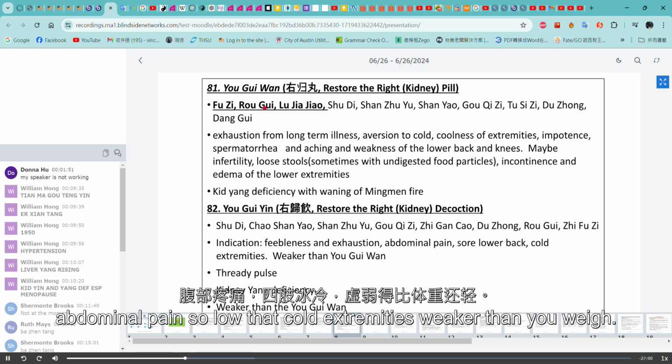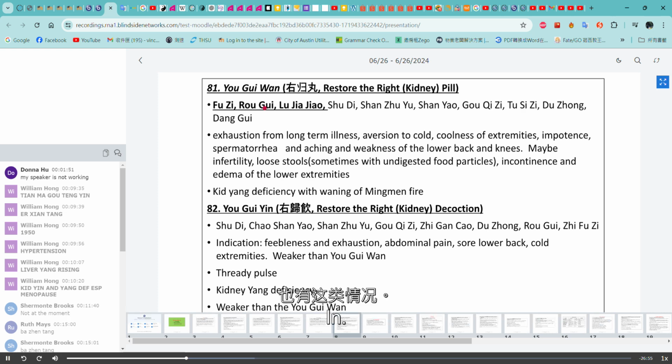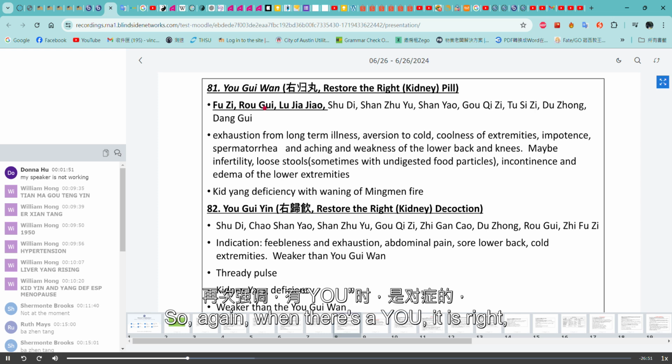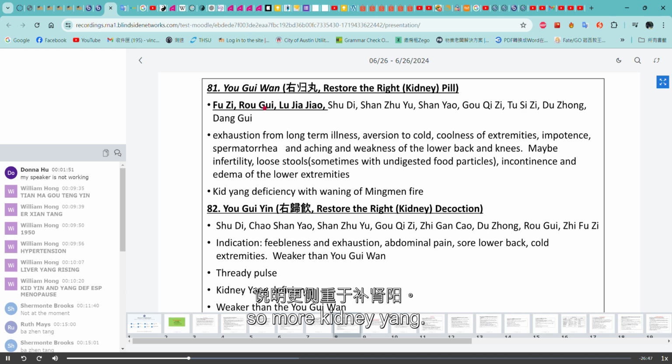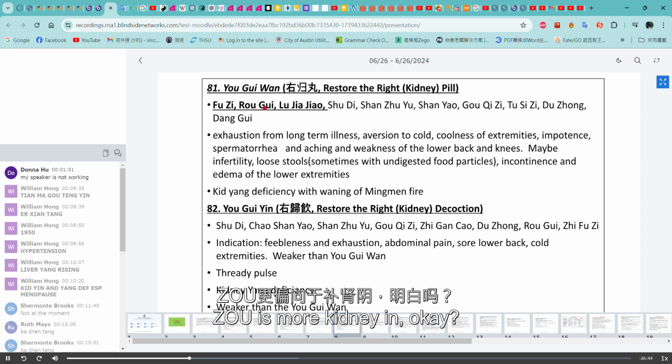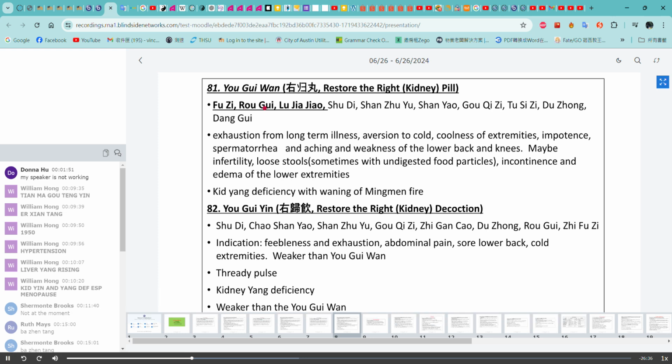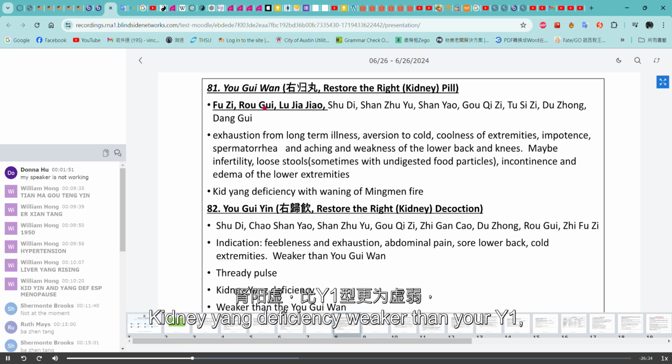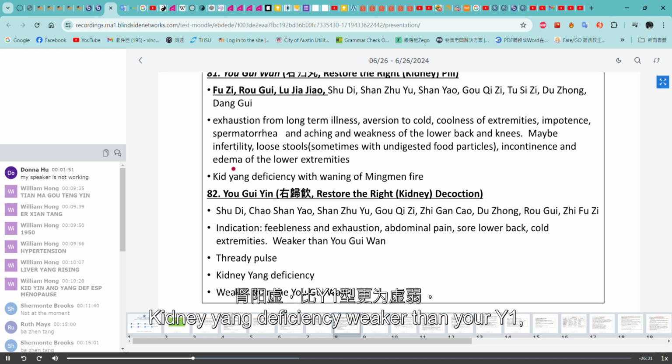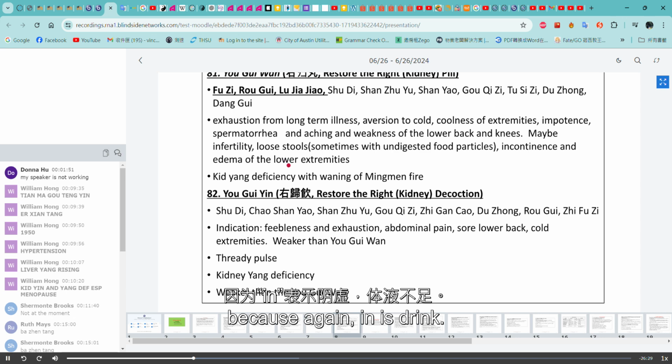Feebleness and exhaustion, abdominal pain, sore low back, cold extremities, weaker than You Gui Wan. So when there's You, it is the right, so more kidney yang. Zuo is more kidney yin. And they are more tonifying rather than sedating or balancing. And the person is already kidney yang deficient, weaker than You Gui Wan.